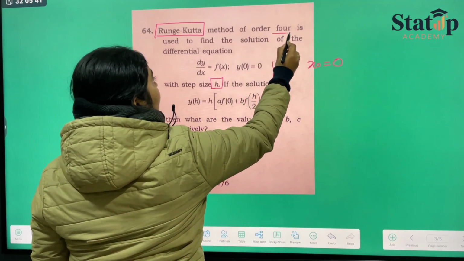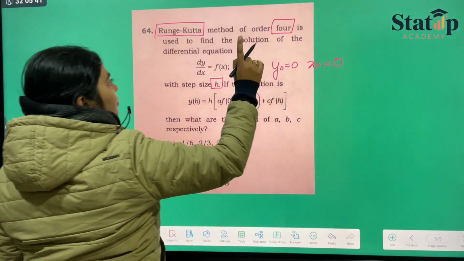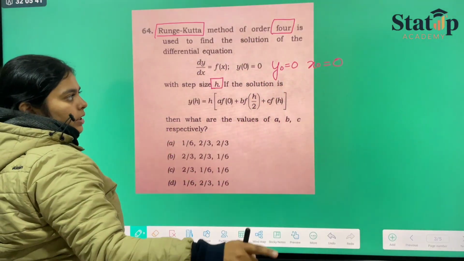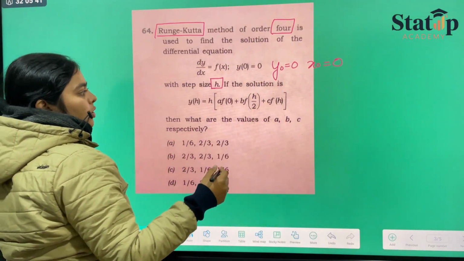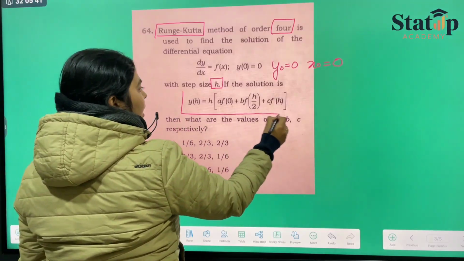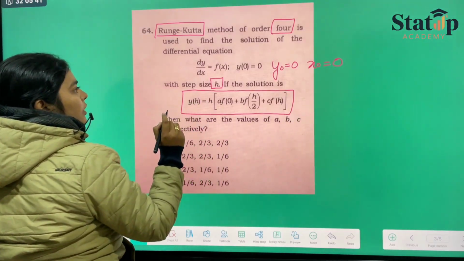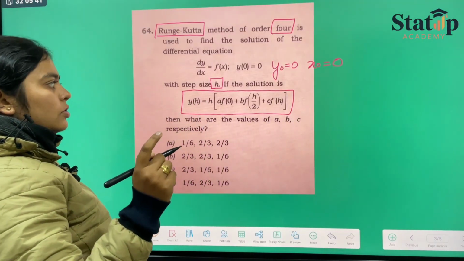So we have to calculate for fourth order. First just see the order, then only you can move forward. And this has been calculated for our fourth order, where h is this and y0 and x0 are this.